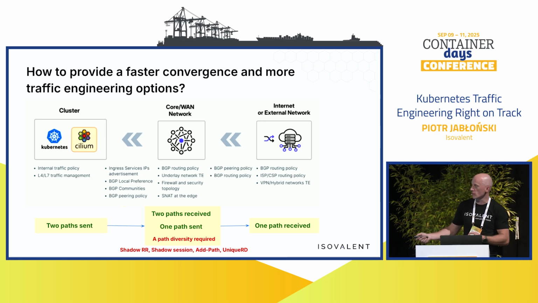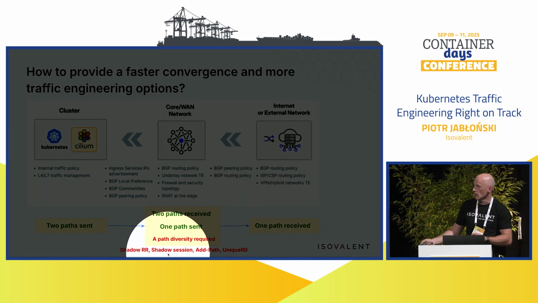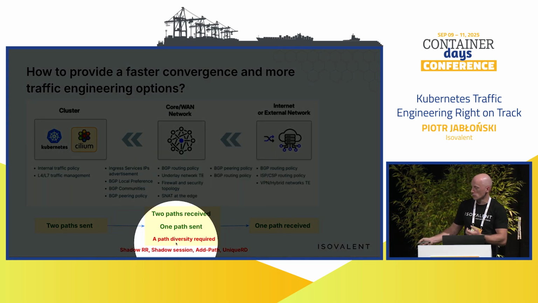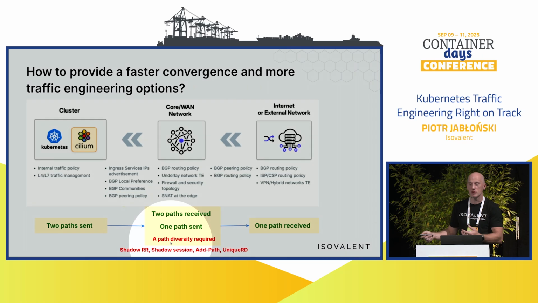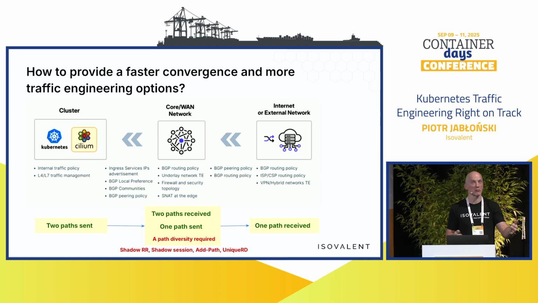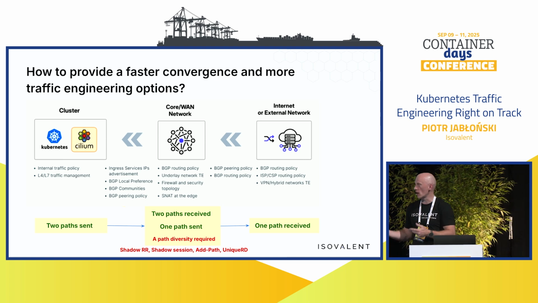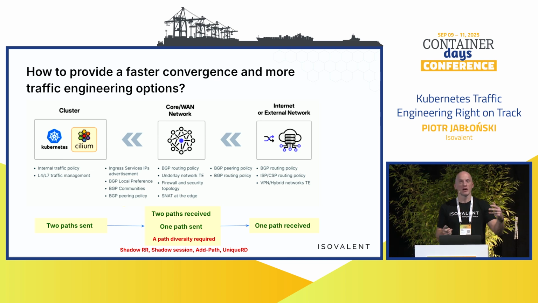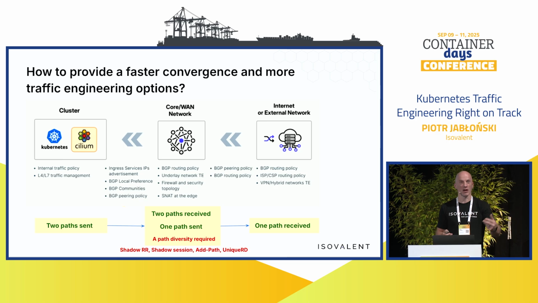How can we provide traffic engineering path diversity in classical networking using BGP? There are some concepts and acronyms listed here, like shadow route reflector, shadow session, add path, unique RD. If you are more interested in that, please reach out to me after the session.